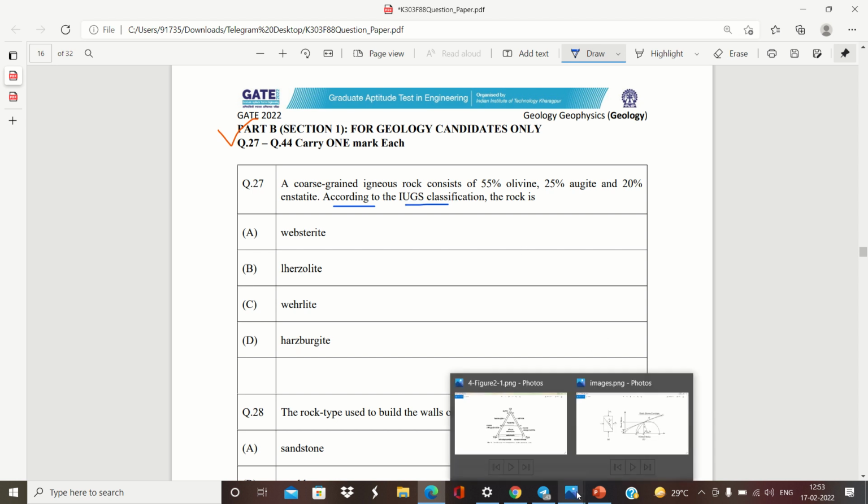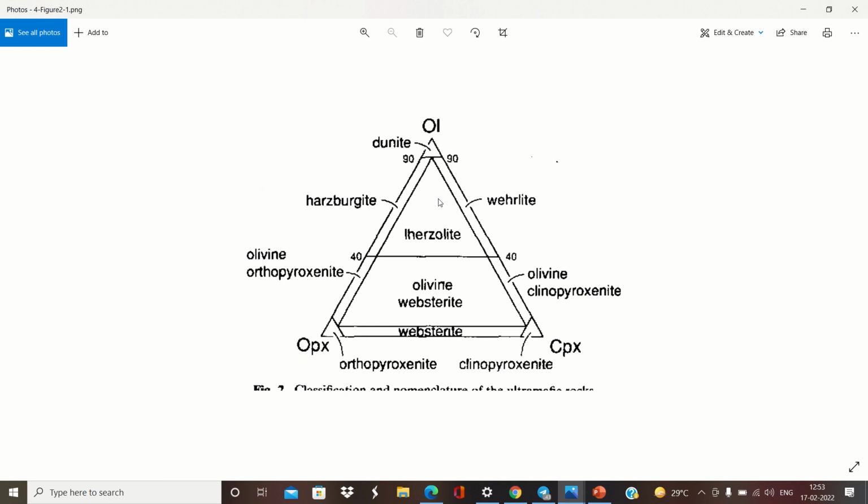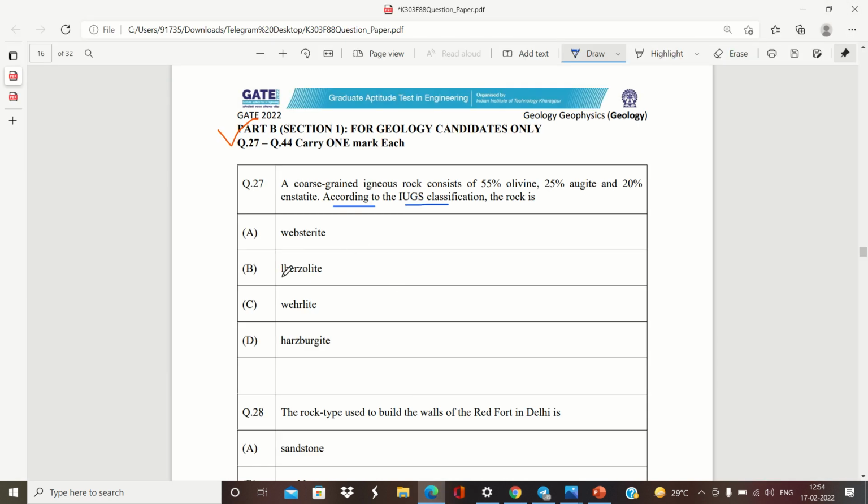Olivine is more than 50%, that means we are in the lherzolite zone. OPX is also more than 10%, that means in the lherzolite zone. CPX is also more than 10%. So definitely our rock will be lherzolite, and hence the correct answer will be option number two.